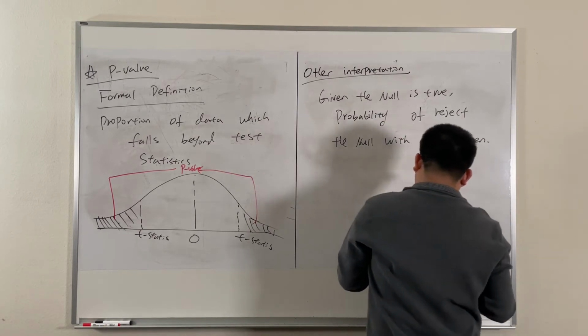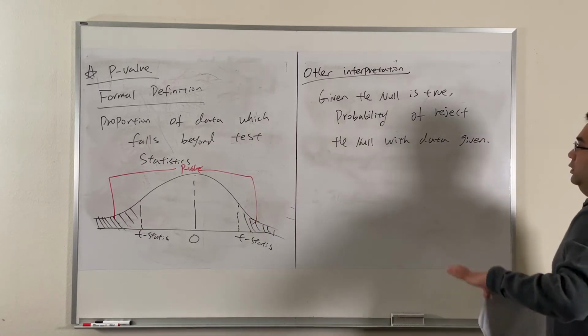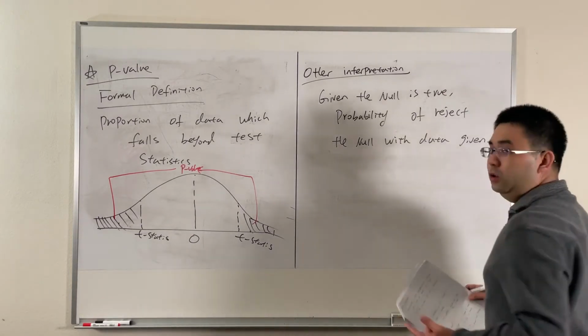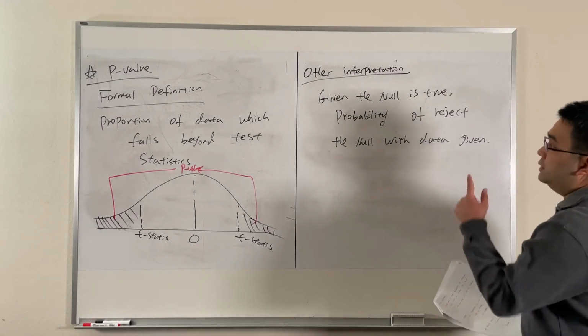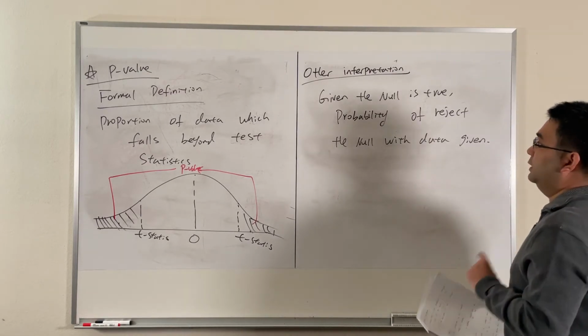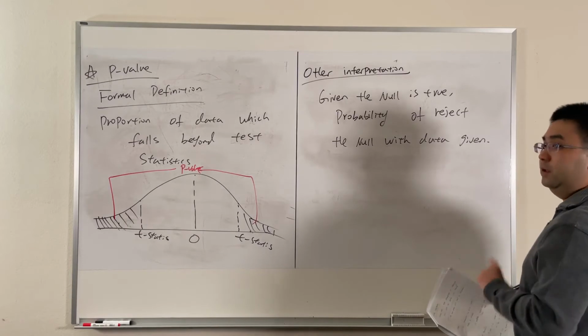Okay, so based on your data, what is the probability that you will reject your null when the null is true? Okay, so this sounds similar to our alpha significance level, but in fact they're different.